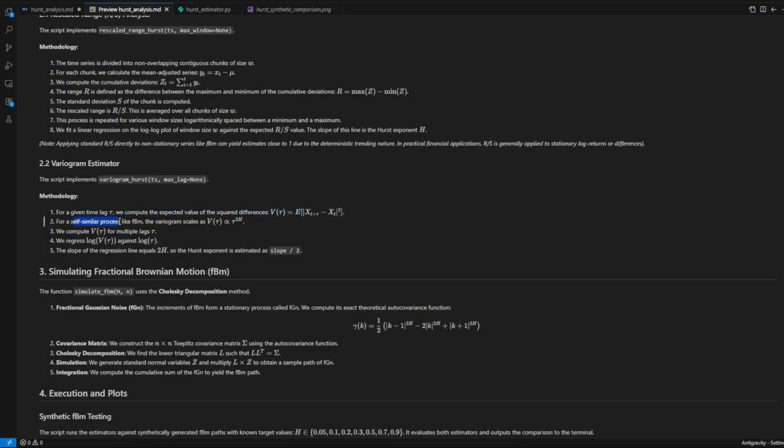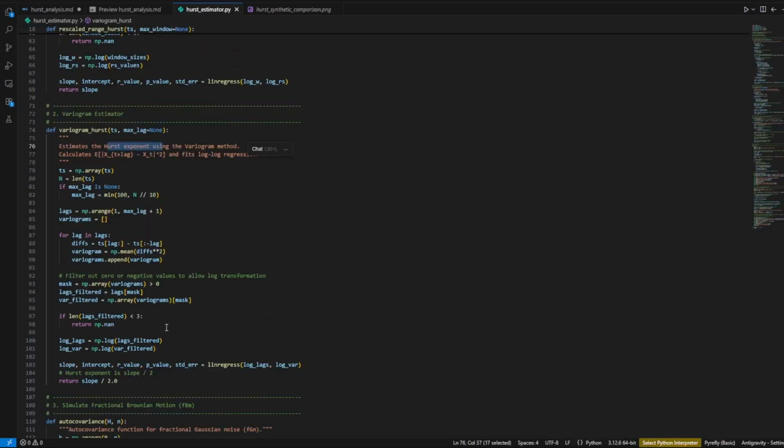For self-similar processes like the fractional Brownian motion, the variogram scales as the time lag to the power of 2h. We compute V of lag for multiple lags, and then we regress the log against the log of the lag, and the slope of the regression line equals 2h. So the Hurst exponent is estimated as slope over 2.